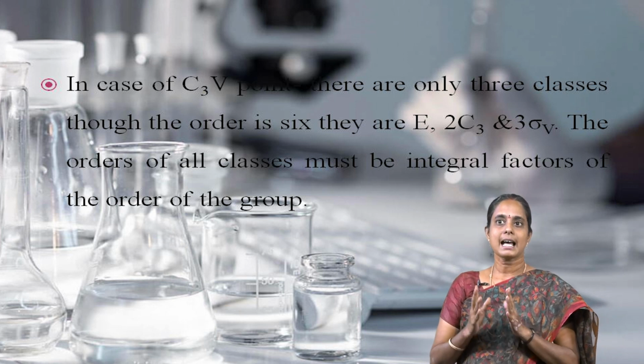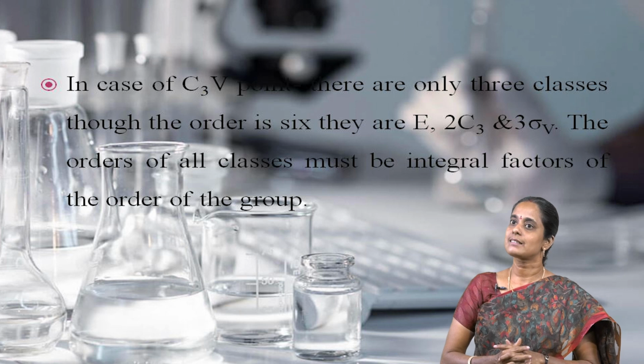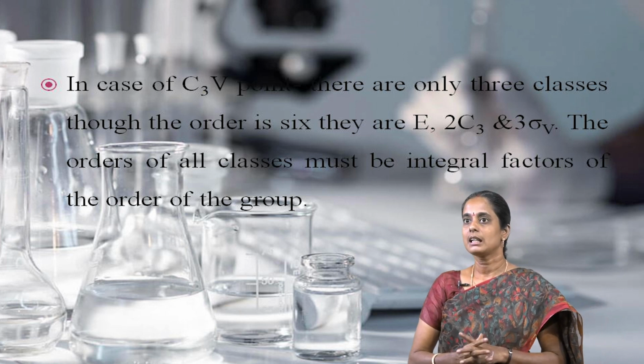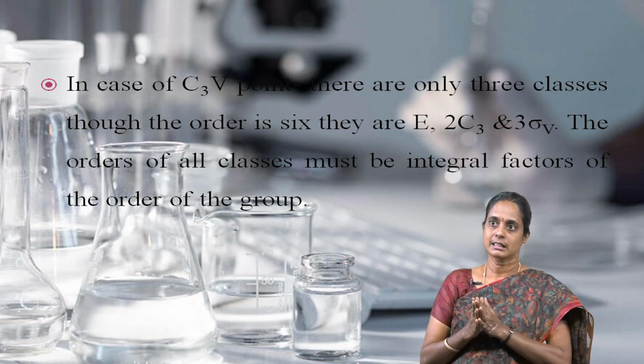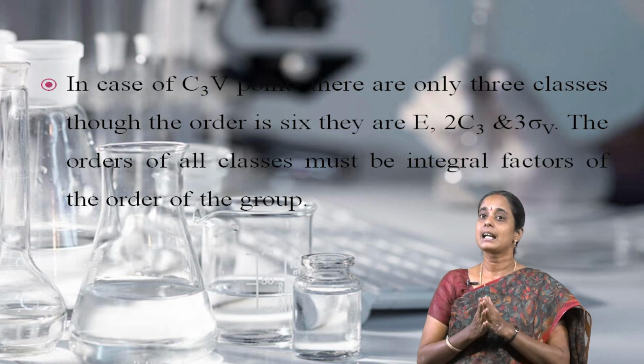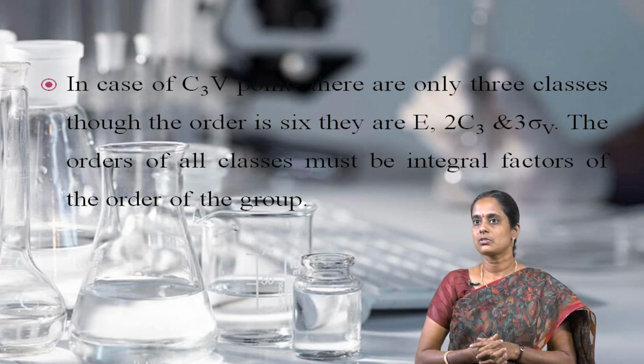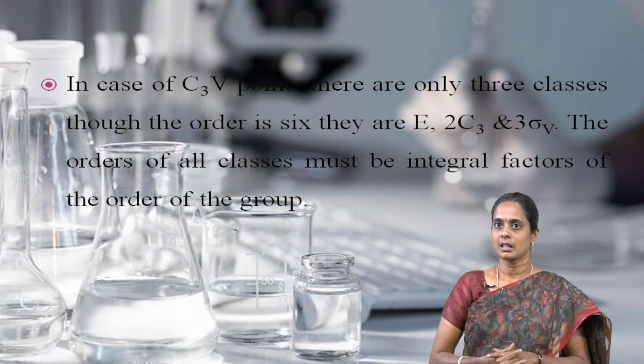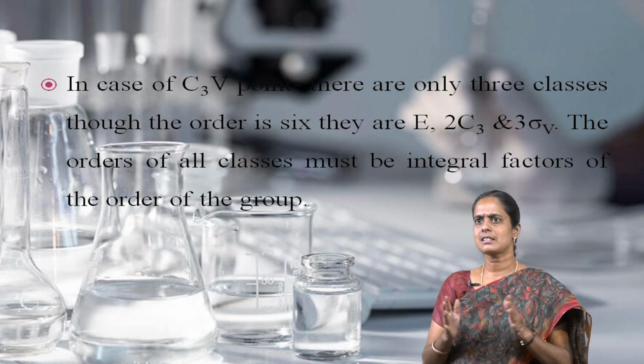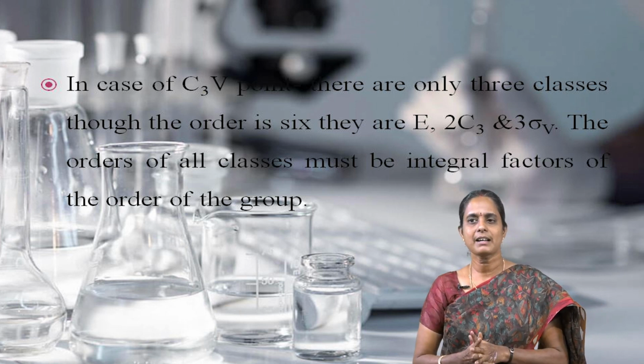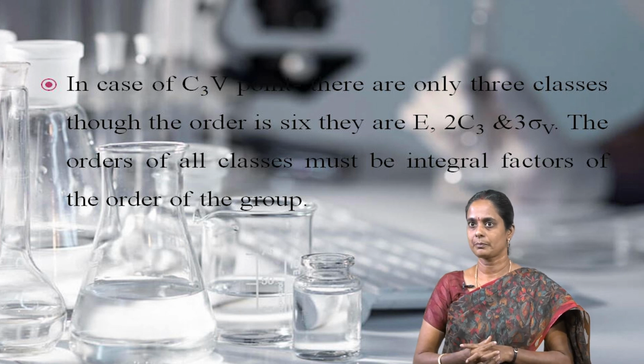So the classes are 3 but the order is 6. They are identity, 2 axes of symmetry and 3 planes of symmetry. So the order is 6. The order of all the classes must be integral factors of the order of the group.